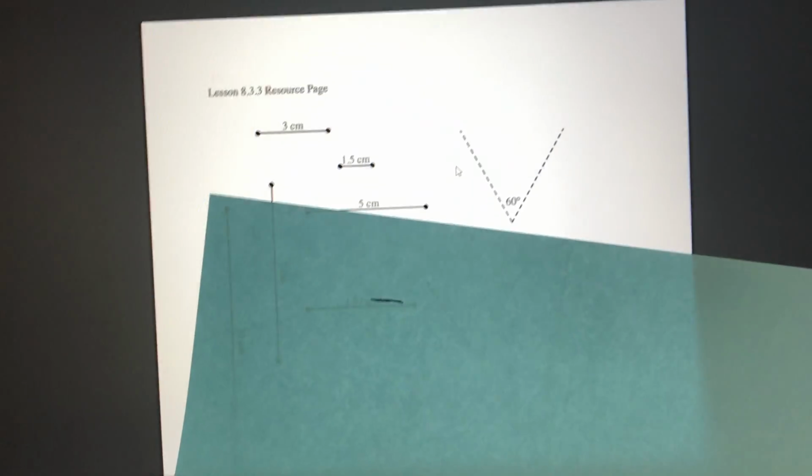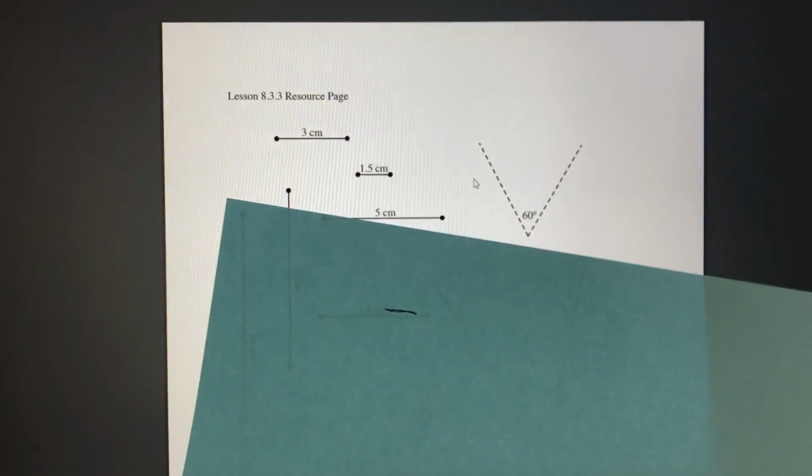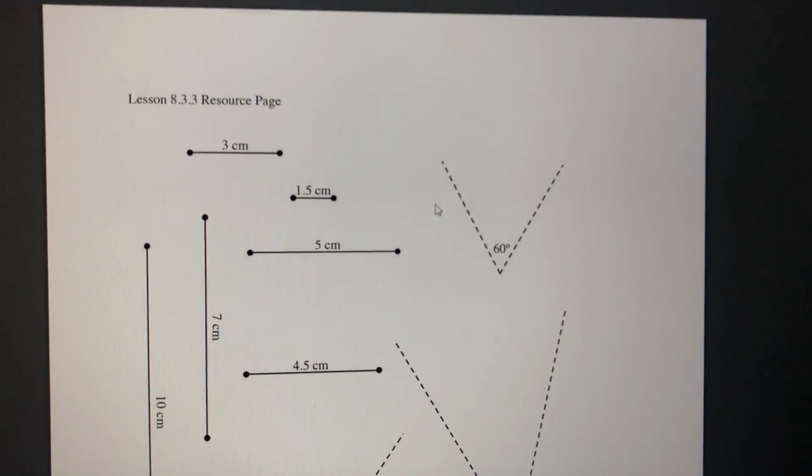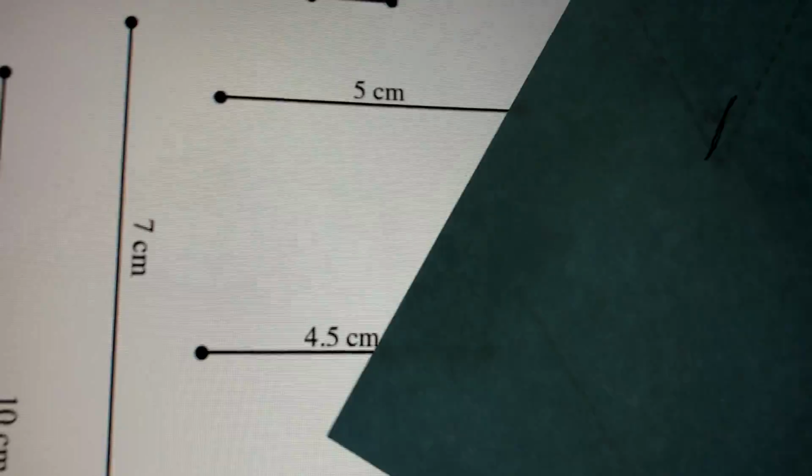Pretty small. Now it wants us to have our triangle have one angle that measures 60 degrees. So here's what I did: I lined up my 1.5 centimeter line with one of the dashed lines for 60 degrees. And then I drew a line. I don't know if I can do this with one hand, but I'll try.